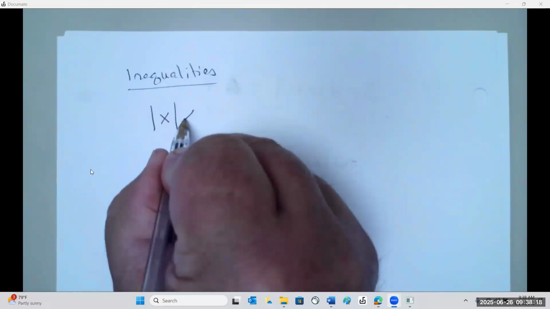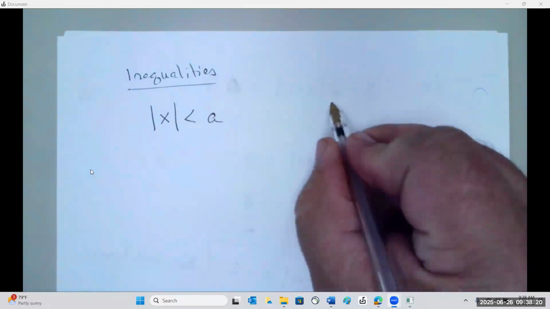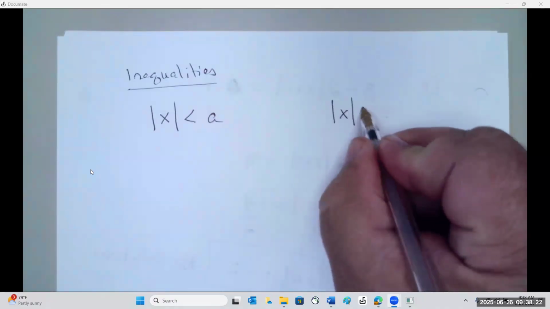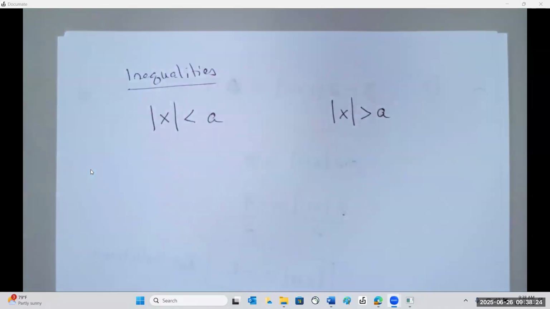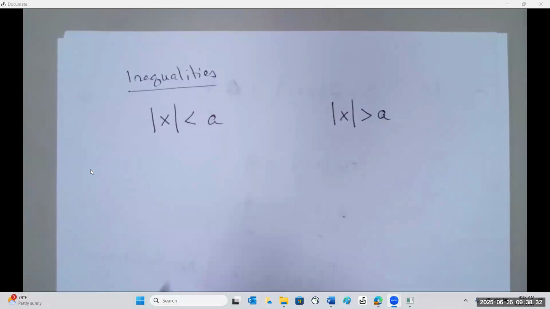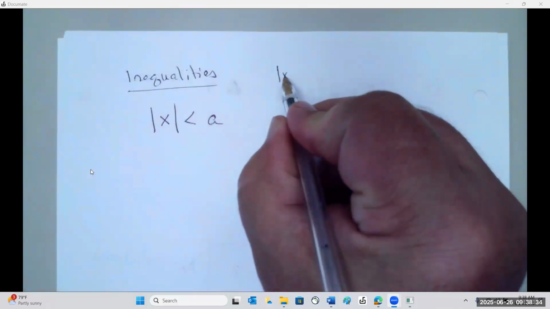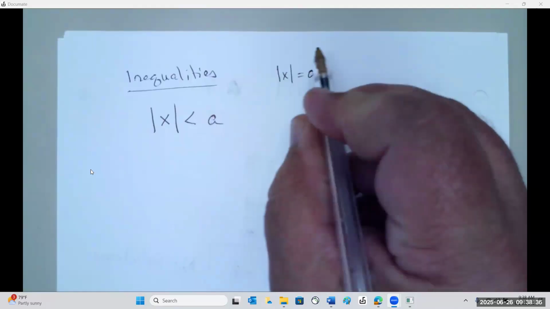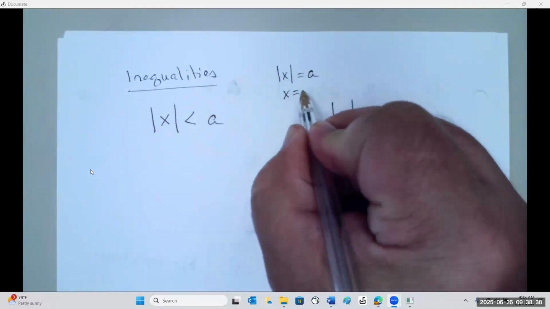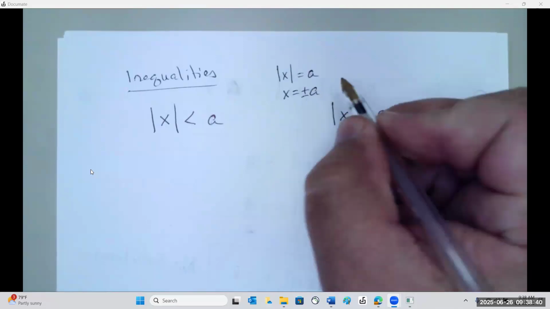So let's look at both sides. And we know from the equality symbol that when we drop the absolute value, we have to make sure we have a plus or minus. We have two answers.